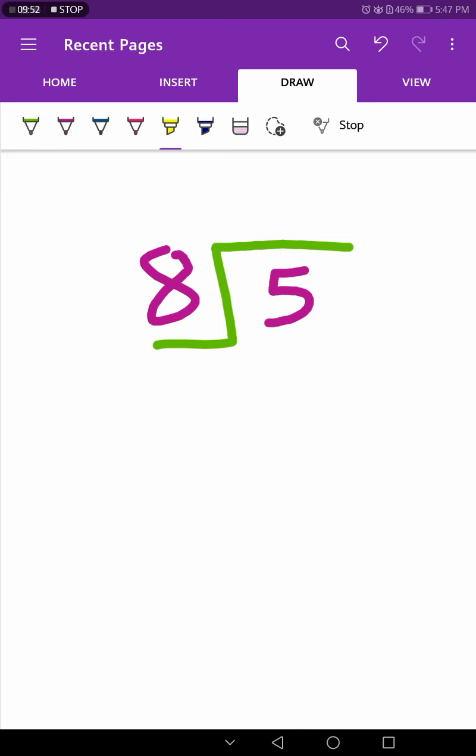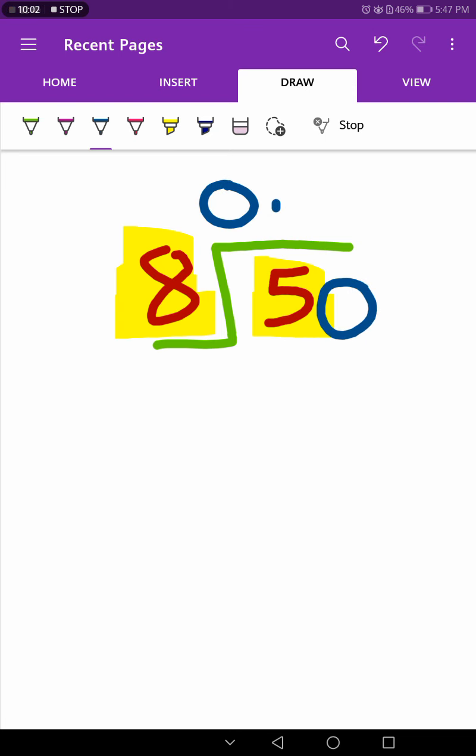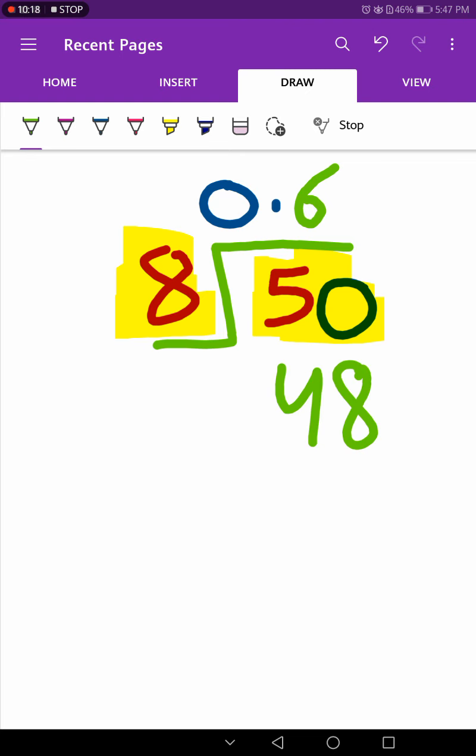0 point, because we cannot divide. Yes, start step by step. How many 8s in 5? There is none. So put 0 point and a 0 beside the 5. Now, how many 8s in 50? There are 6. So 6 times 8 equals 48. The remainder is 2.